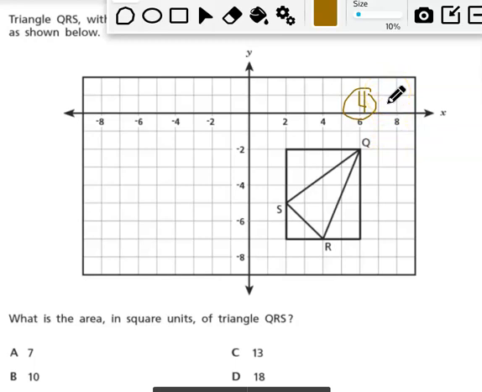And then the height, 7 would be the height. And the base would be 2 because the baseline goes through 2 different boxes and reaches the corners exactly.